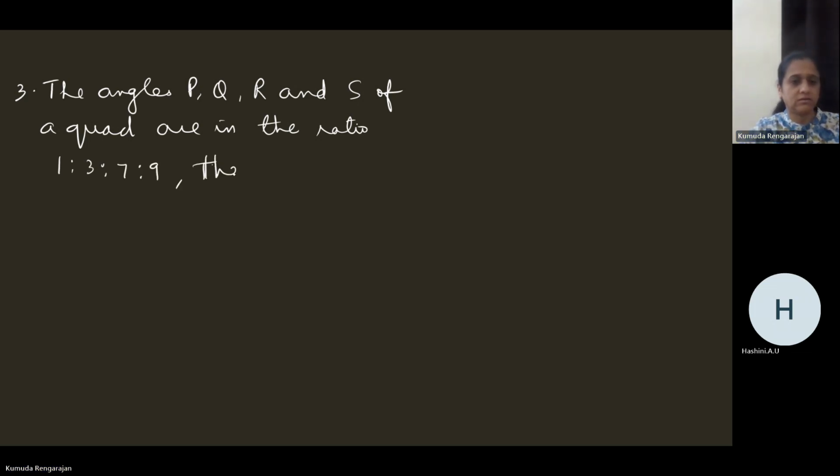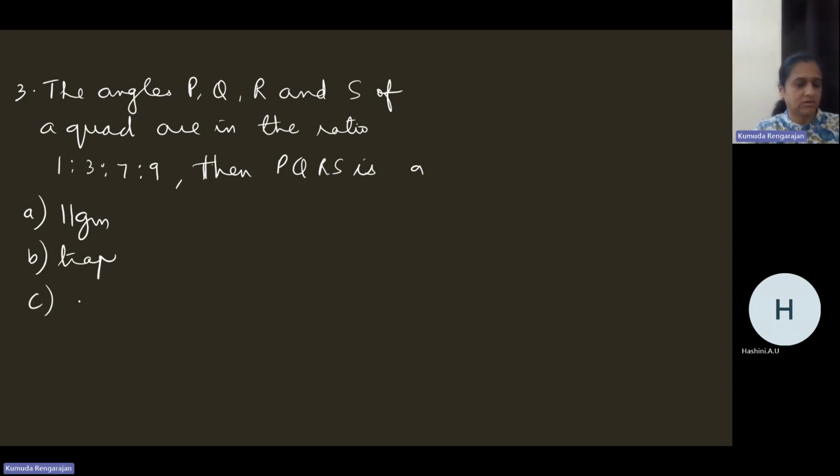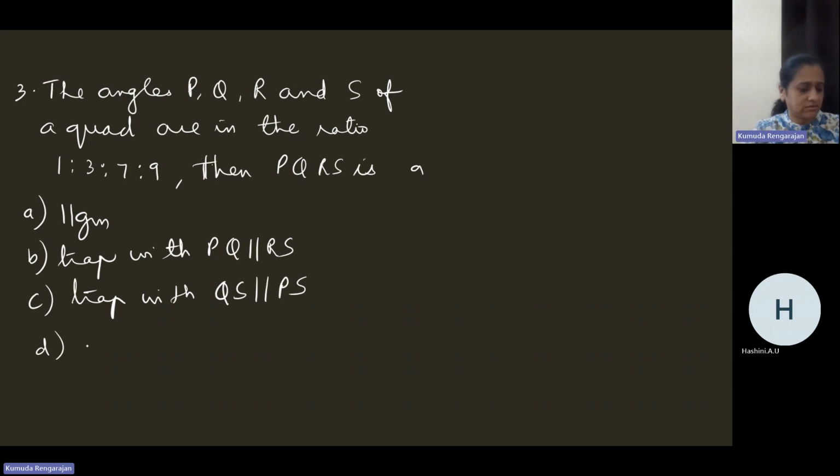Then PQRS is a: option A parallelogram, option B trapezium, option C trapezium with PQ parallel to RS, trapezium with QS parallel to PS, kite.